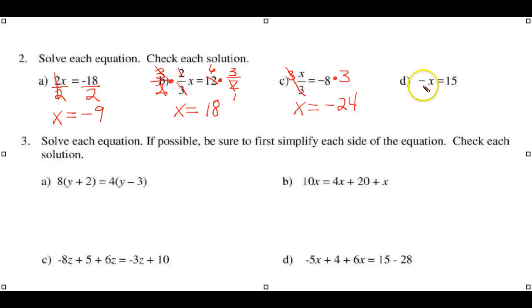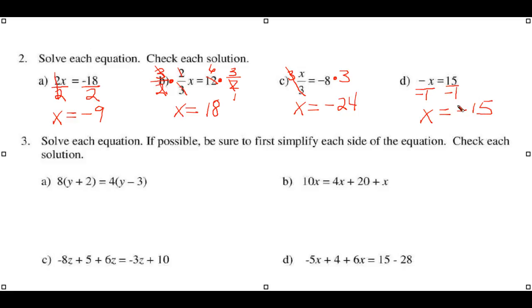Now here we have a negative x. We always want to have a positive x value. So if we divide this side by a negative 1, and this side by a negative 1, this then becomes a positive x, and this becomes a negative 15.